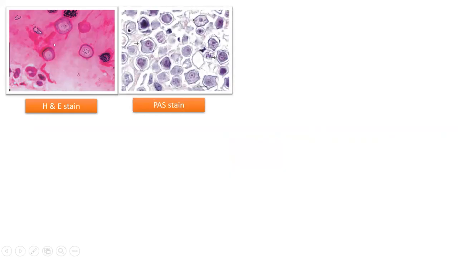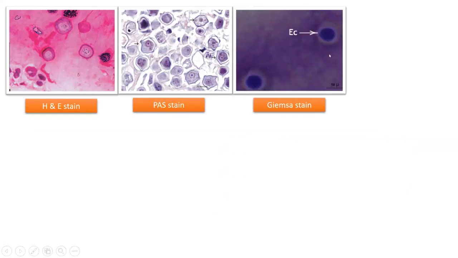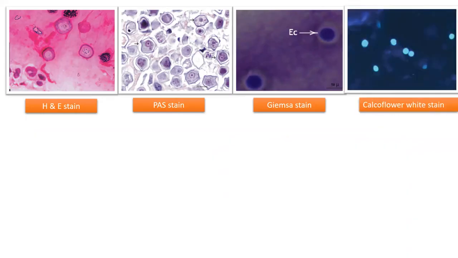Periodic acid-Schiff stain can also be useful, as it can show the cyst. The Giemsa stain can also be used. Calcofluor white stain can be used too, as acanthamoeba has common features with fungi and helminths.